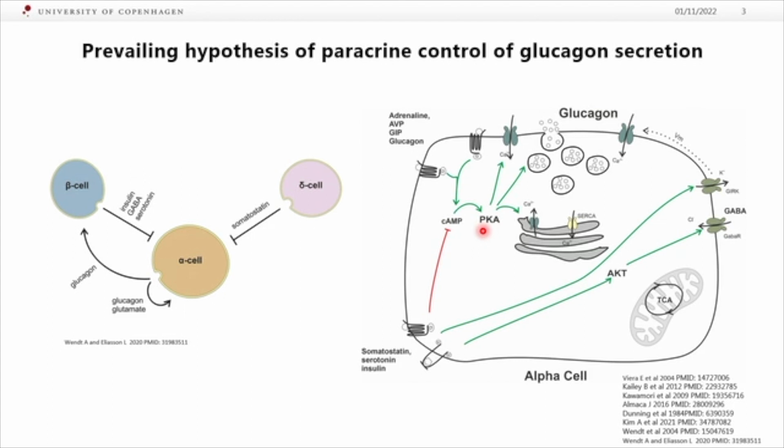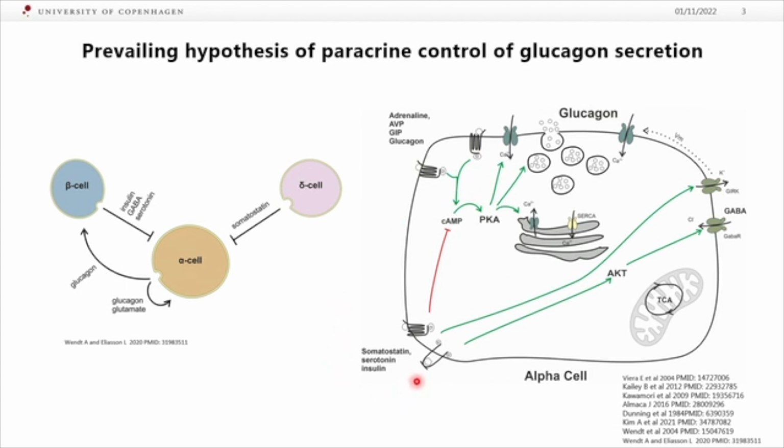And this leads to activation of calcium channels in the membrane, effects directly on exocytosis of the granules, and also effects on ER calcium that all leads to an elevated release of glucagon. So we think that cyclic AMP plays a central role.